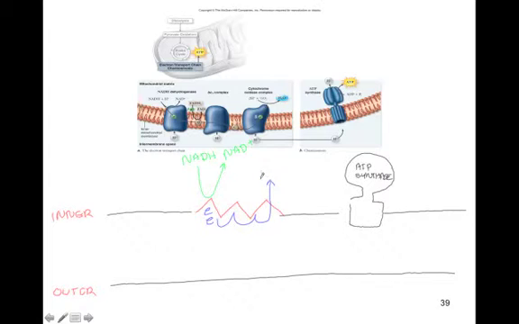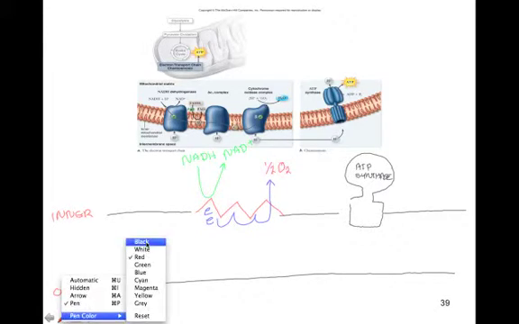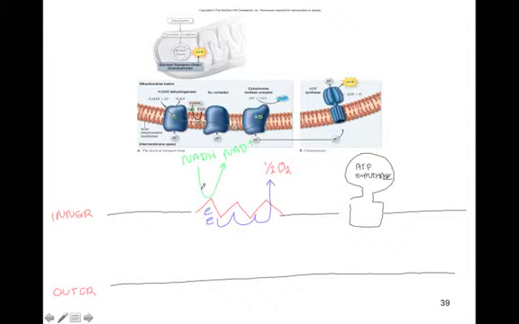The final electron acceptor is 1/2 of an O2. As the electrons are bumped down the electron transport chain, hydrogen ions are transported into the intermembrane space by each of the membrane embedded components of the electron transport chain.